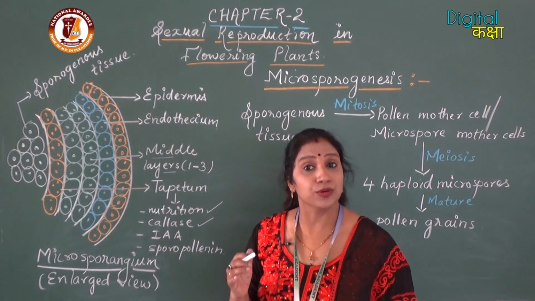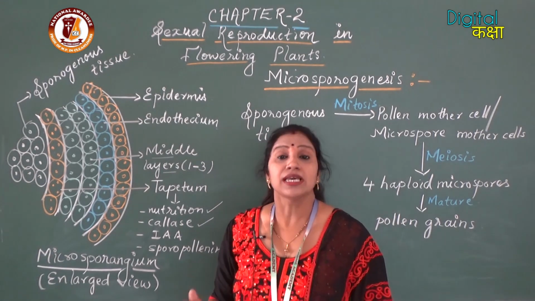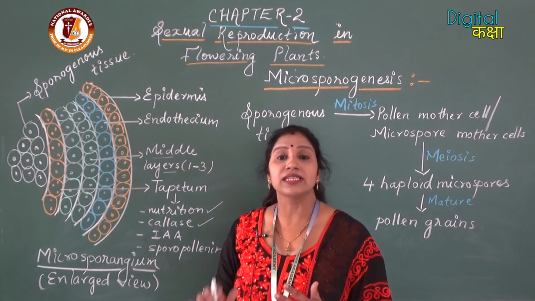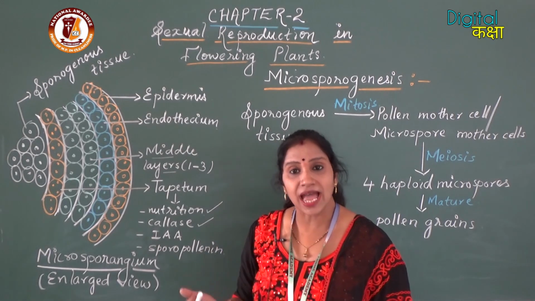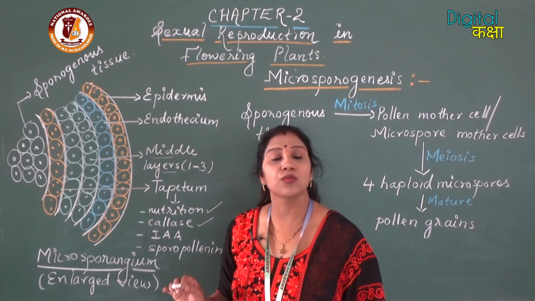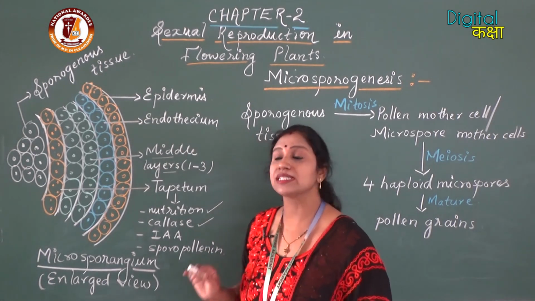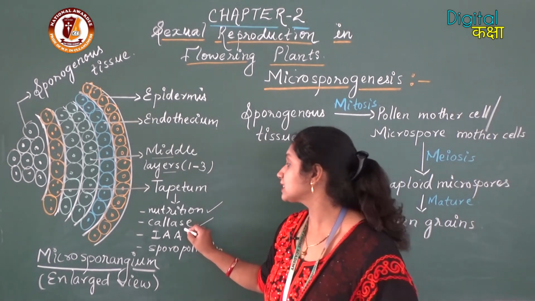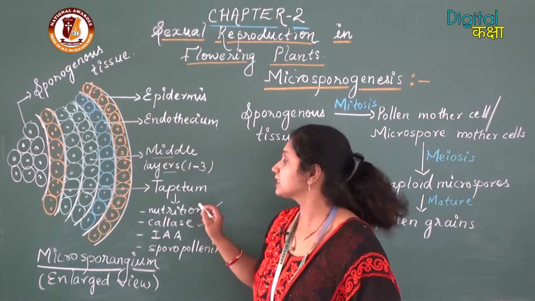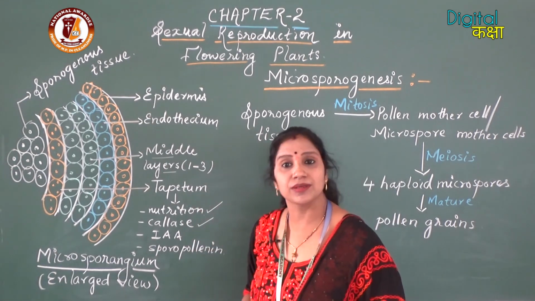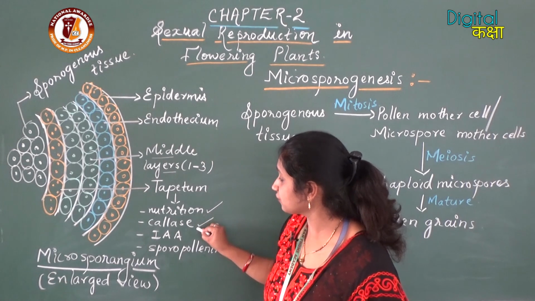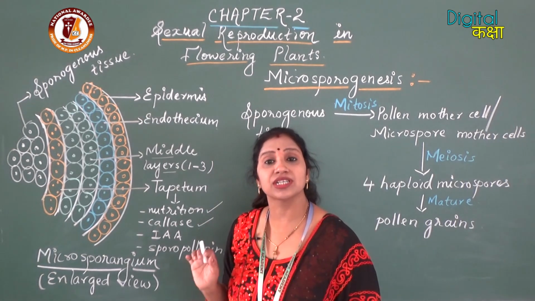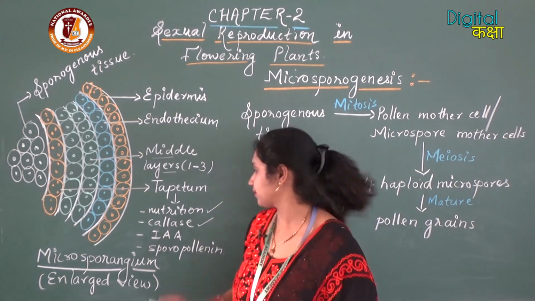When the pollen grains mature, this wall needs to be dissolved. That dissolution is done by the callase enzyme, which is secreted by the tapetum layer. So the second function is secretion of callase enzyme.